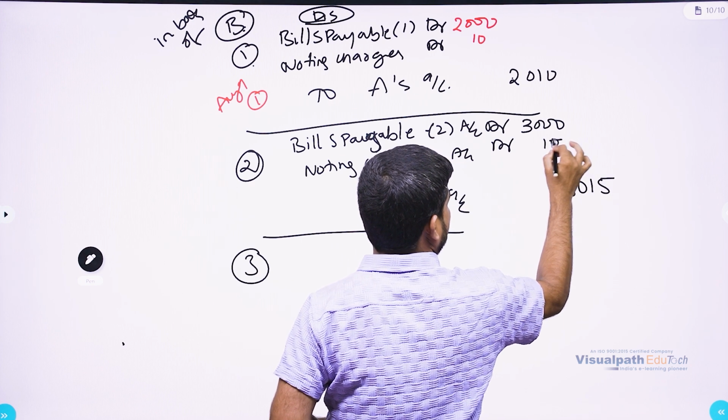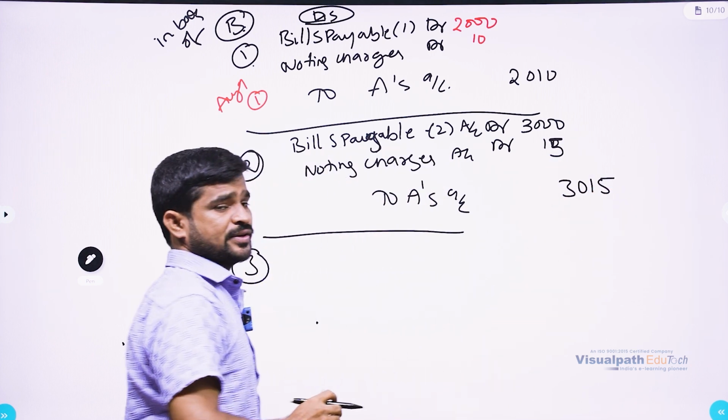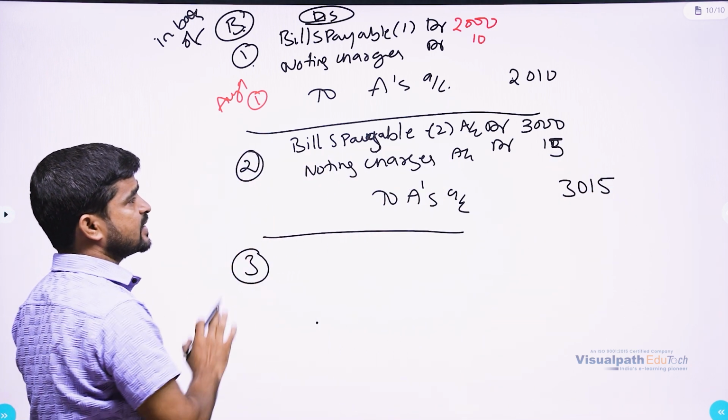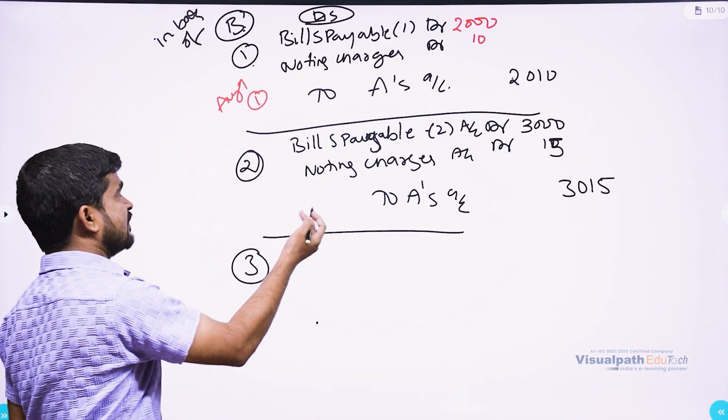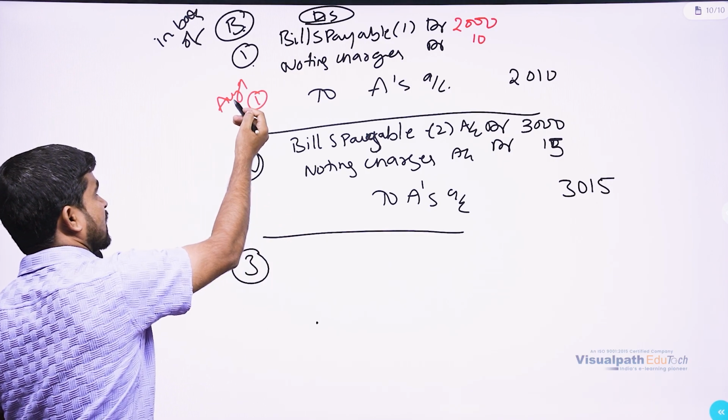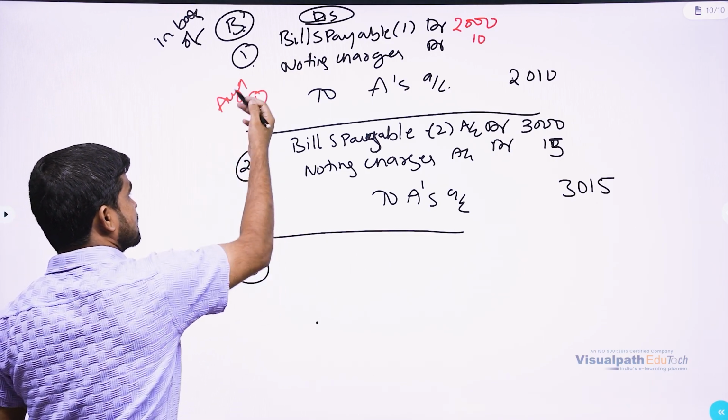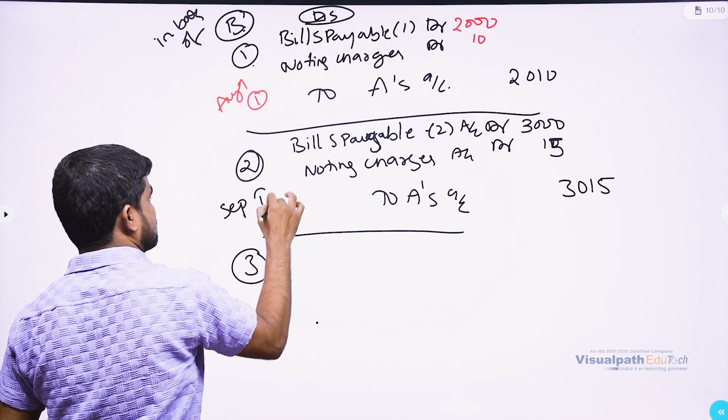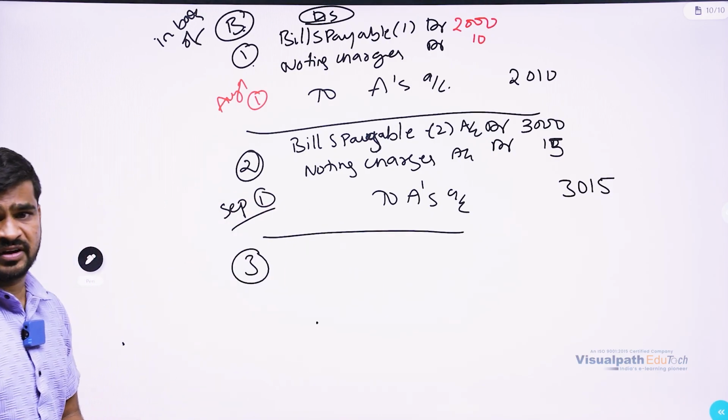Actually, noting charges is 15 rupees. Yes, total 3015 rupees. This is the entry when the bill is dishonored, and it will happen after 2 months. It means August is 1 month after, then it is September. On September 1st this entry of dishonor will be recorded.